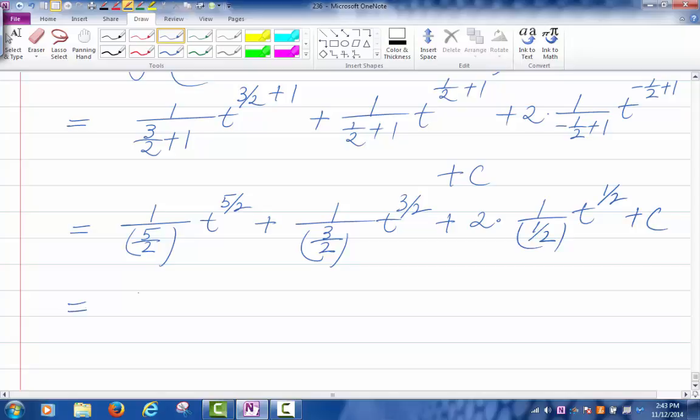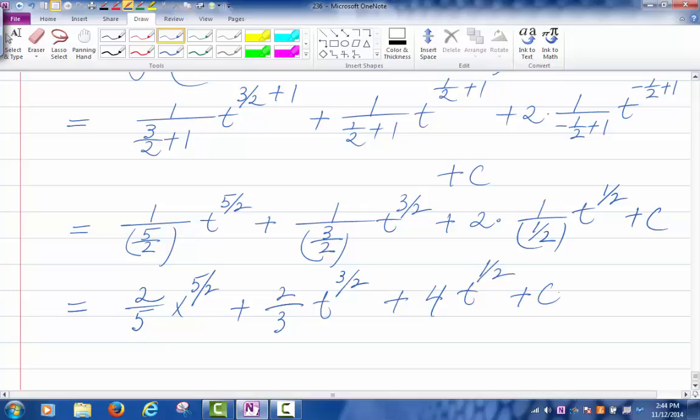And finally, this is 2/5 t to the 5 half plus 2/3 t to the 3 half plus 4 t to the half plus a c.